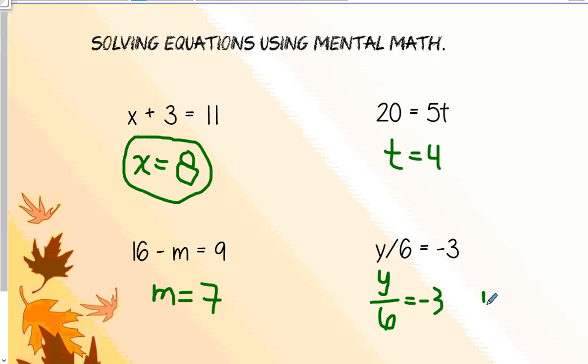I know right away that my number is going to have to be a negative number, since my answer is negative and I'm dealing with another positive number. So what divided by 6 equals negative 3? 18. So y equals negative 18. These are how to use mental math when you're dealing with equations.